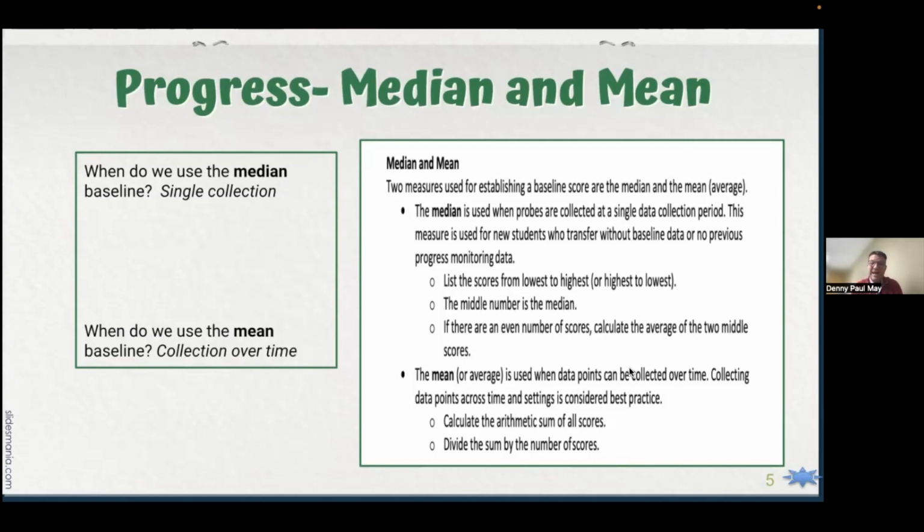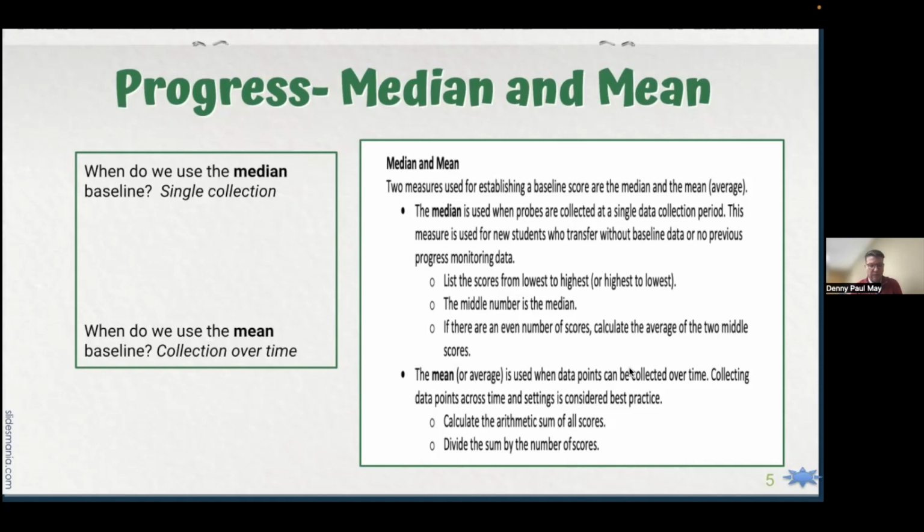And so you'd write that goal for that student by using the median. Okay, so you would take a bunch of measures in a short amount of time on that same skill with that same method of measurement, and in a single collection you would list those scores from lowest to highest or highest to lowest, and you would take the middle number in the median presentation there.